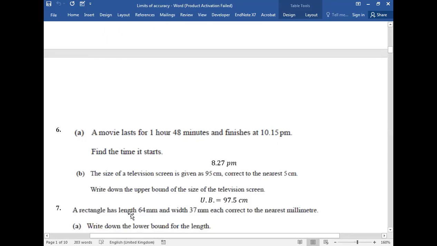A rectangle has length 64 millimeters and width 37 millimeters, correct to the nearest millimeter. Please इसमें units का ख्याल रखो. Write down the lower bound for the length. Write it down so that you're sure about your answer rather than just verbally responding to a random value.